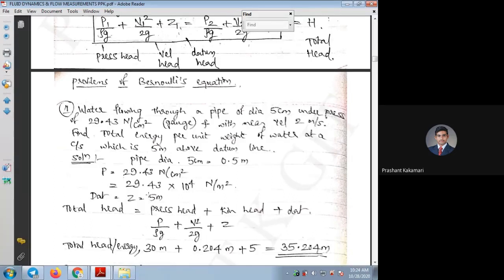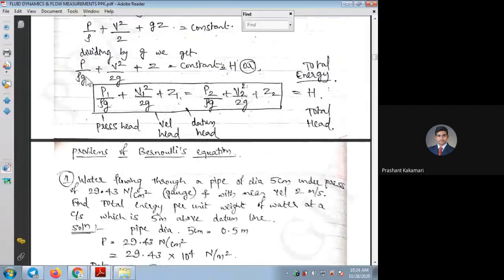So considering the Bernoulli's equation to find the total energy, what is asked in the question. In the question they are asking this total energy. For this total energy, we know from the Bernoulli's equation that it is given by P by rho g plus V square by 2g plus Z. And that value we need to find out, that is called the total head for the one section of the pipe, because the section of the pipe is not changing.